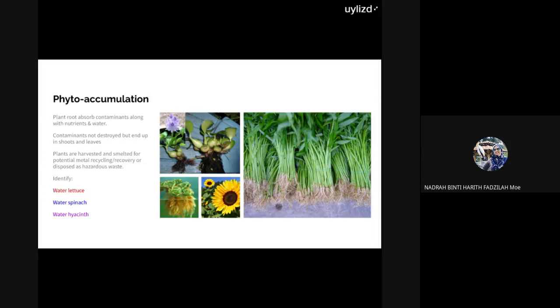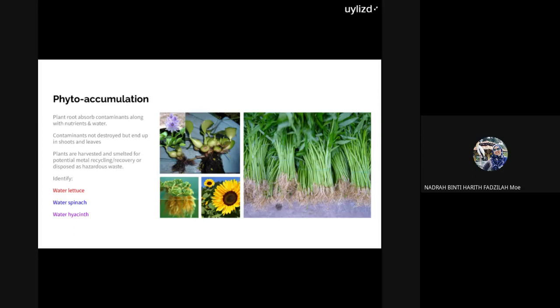So when the plants have accumulated all the heavy metals or pollutants, some of the metals are harvested and smelted for potential metal recycling atau dispose sebagai hazardous waste lah. Yes, the plants eventually die.